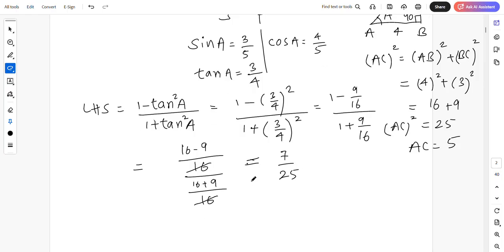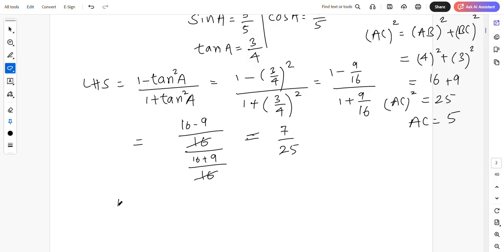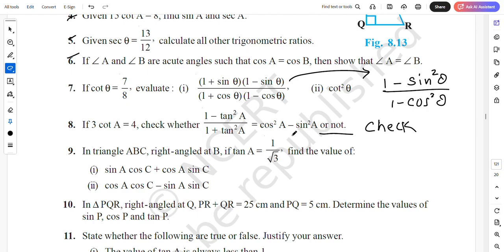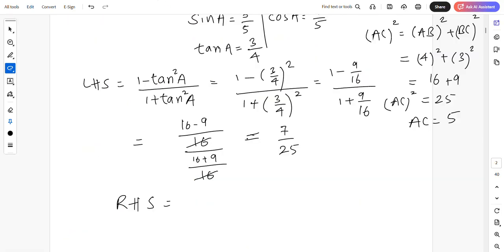Now let us check RHS. In RHS they have given cos square A minus sin square A. That is equal to cos square A minus sin square A. How much is cos A?